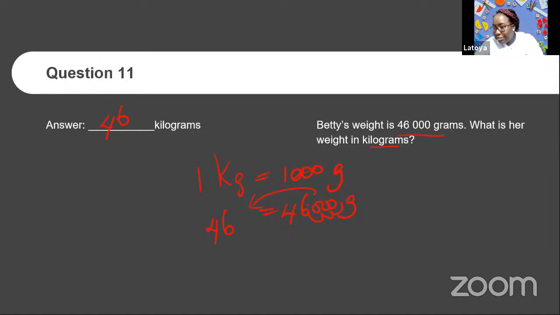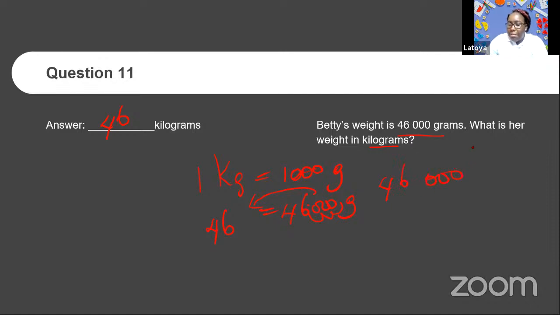Let me see my chart. Kimora, I'm seeing that you have 4.6, but that's incorrect. Do you need me to work this again? We have 46,000.